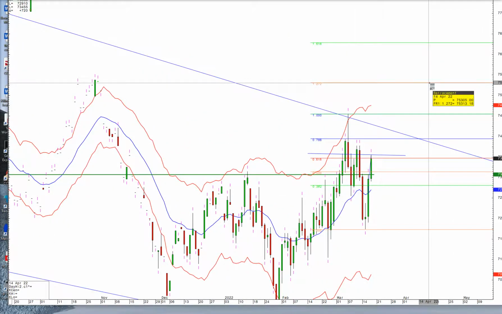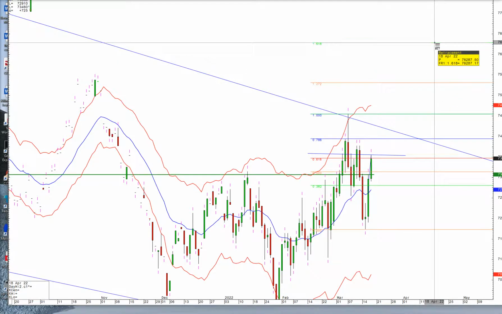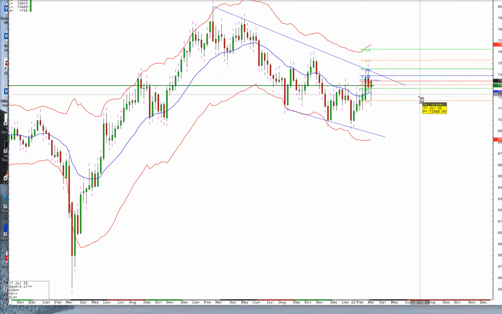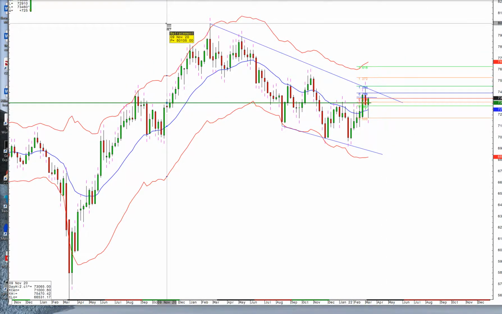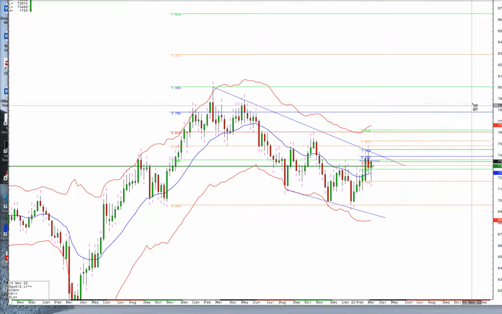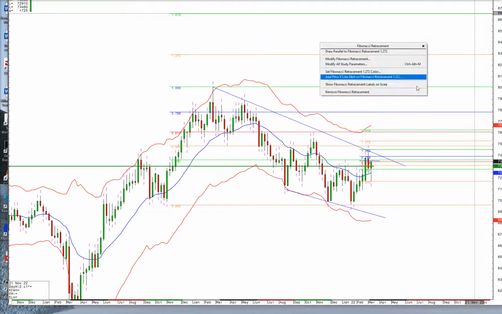It would not be unreasonable to expect 75.30, and then 76. And depending on your time frame, when this weekly pattern finally breaks, which may be now, given the momentum we're coming at it with, we're looking at 83 and 86. So anyway, just stuff to keep in mind.